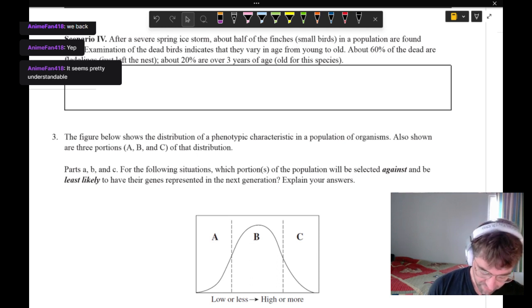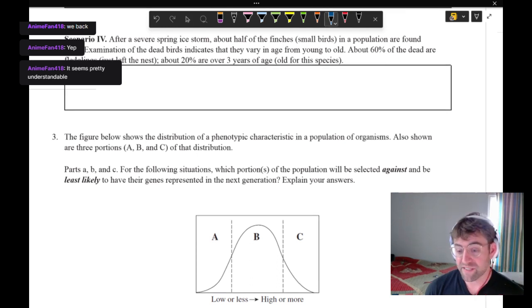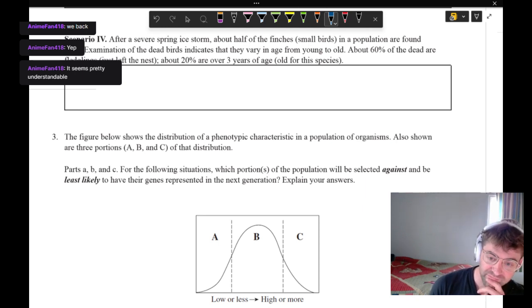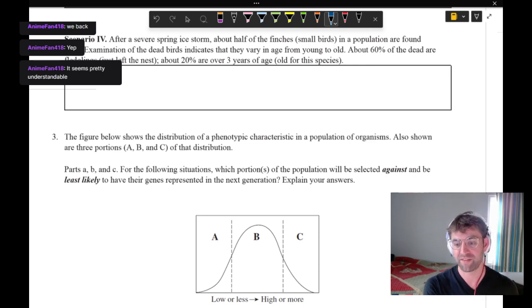So, going back to our original prompts, is selection occurring? And again, for selection to be occurring here, it must be a heritable trait that is being selected against. So I would argue that this is not selection. And this is simply because the vast majority of the dead birds were very young and the very old. And it follows that any adult bird that would have survived this had to have been a fledgling at one point, right?